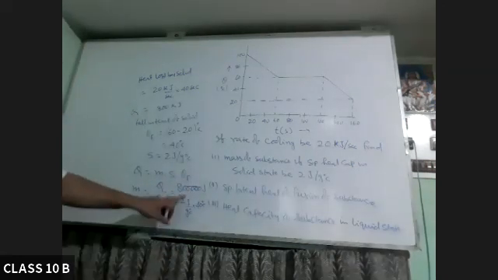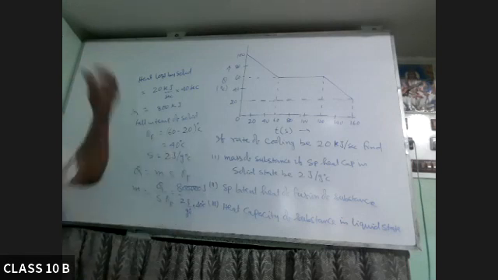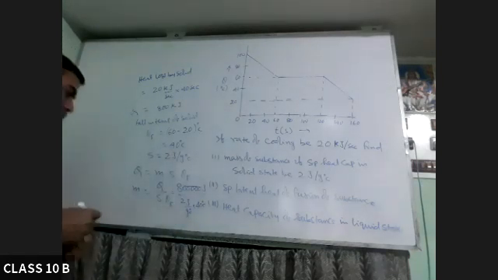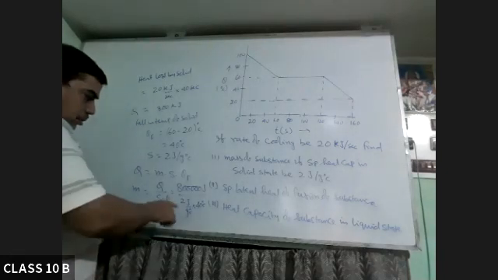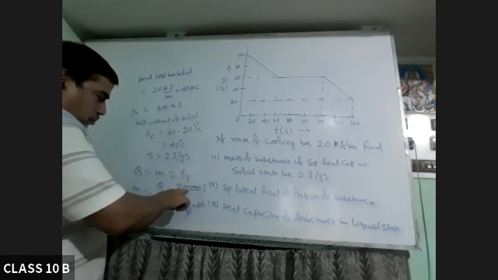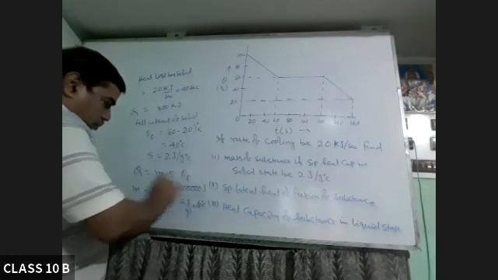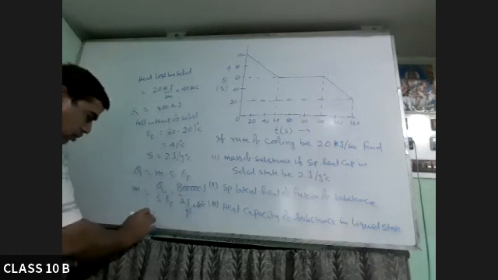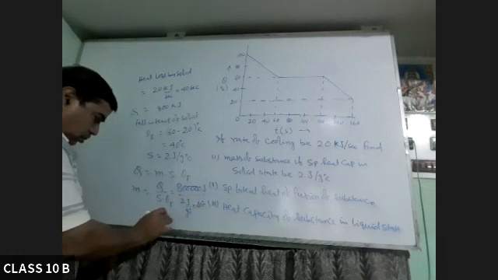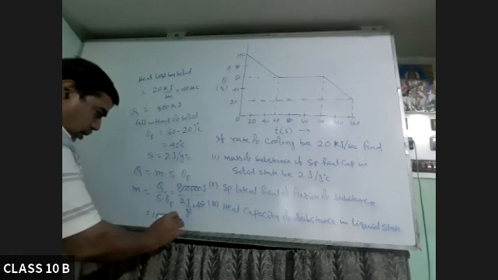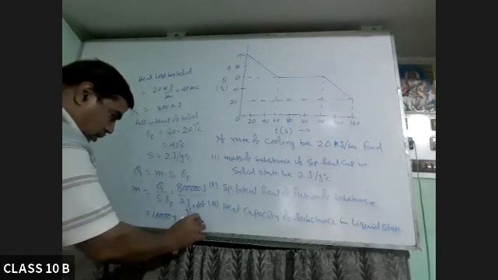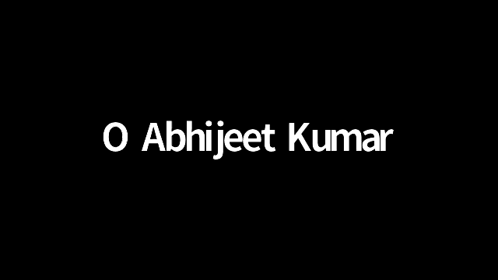So degree Celsius cancels, joule cancels, gram will go to the numerator. One, two, three, 4, 0 will be left. This much gram, that is 10 kg is the mass of substance.